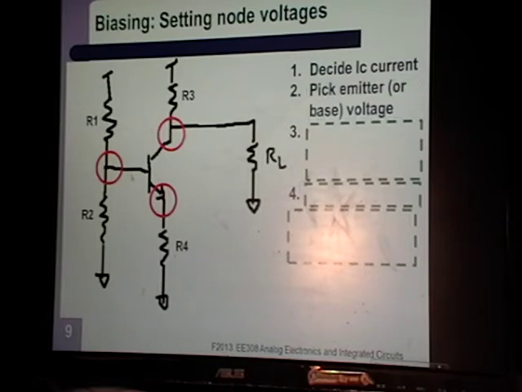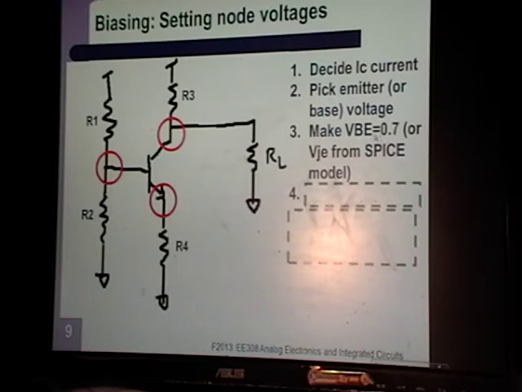And then you pick, again, the emitter or base voltage, not 0.7. You go to the model file and find VJE, and that's your VBE on. And then if you know the emitter voltage, then you can find your R4.